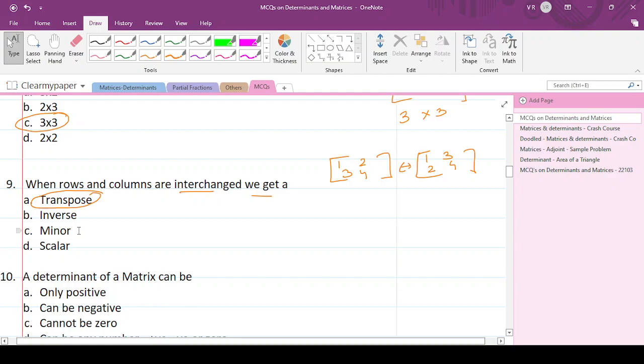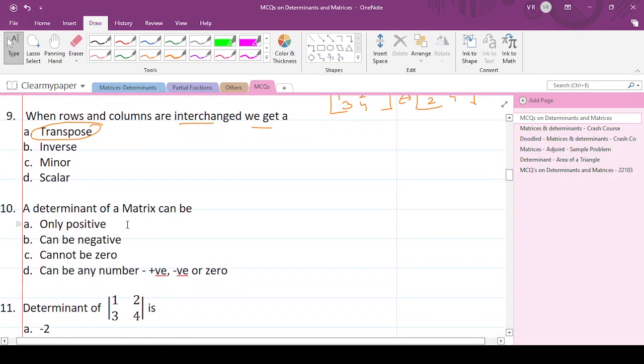Transpose of a matrix. Okay, the determinant of a matrix can be positive, negative, or 0; it can be any number. We have seen what the determinant is. Let's say we have a 2 by 2 matrix with A, B, C and D. We know the determinant is cross multiply: AD minus BC.